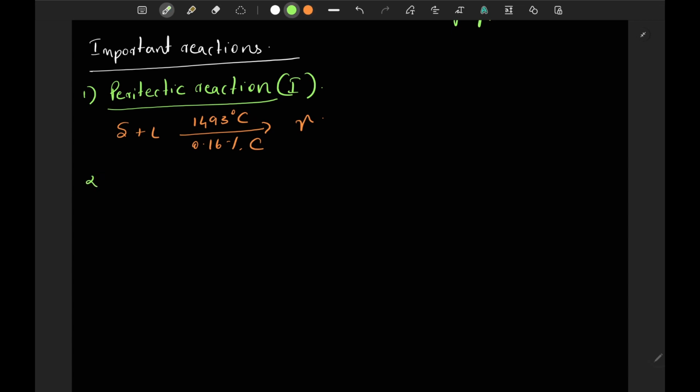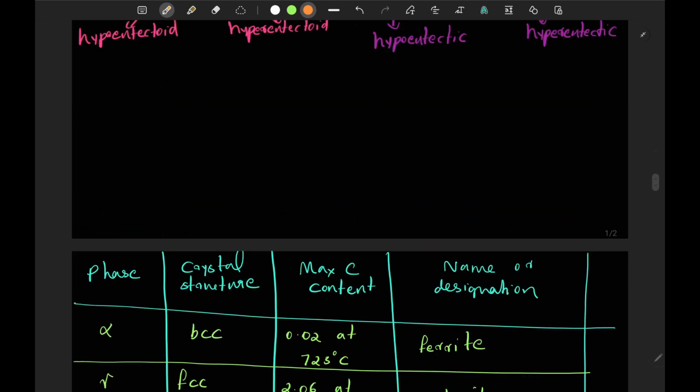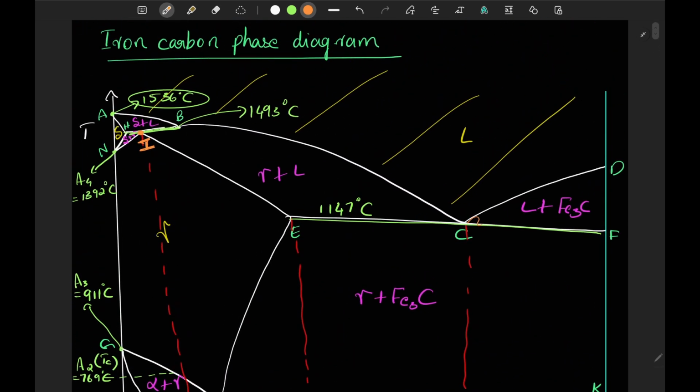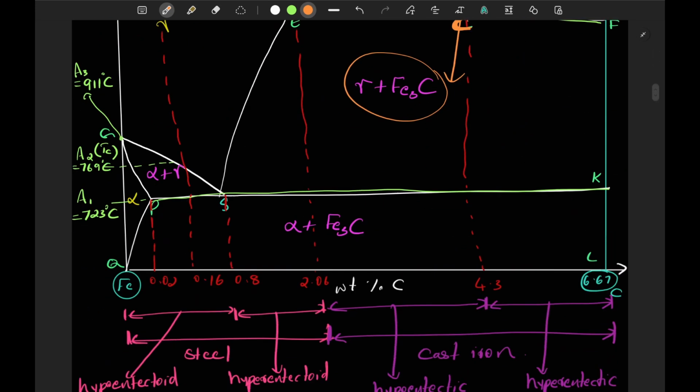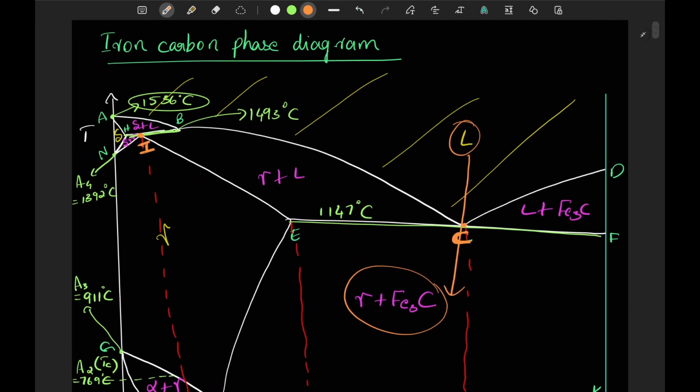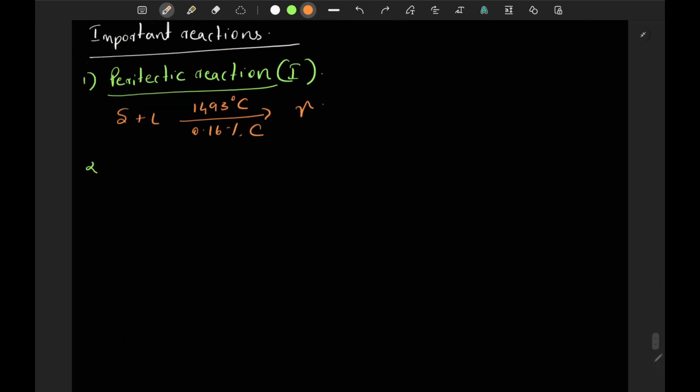Now the second reaction. It is the eutectic reaction. The temperature at point C. Here liquid upon cooling down gives gamma plus Fe3C. So that is the eutectic reaction. So we'll write it.